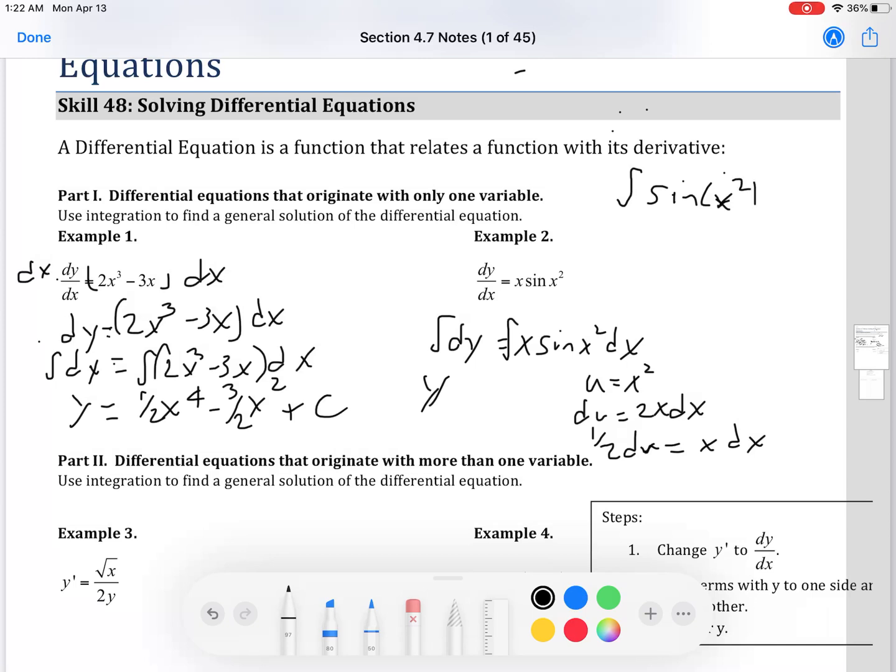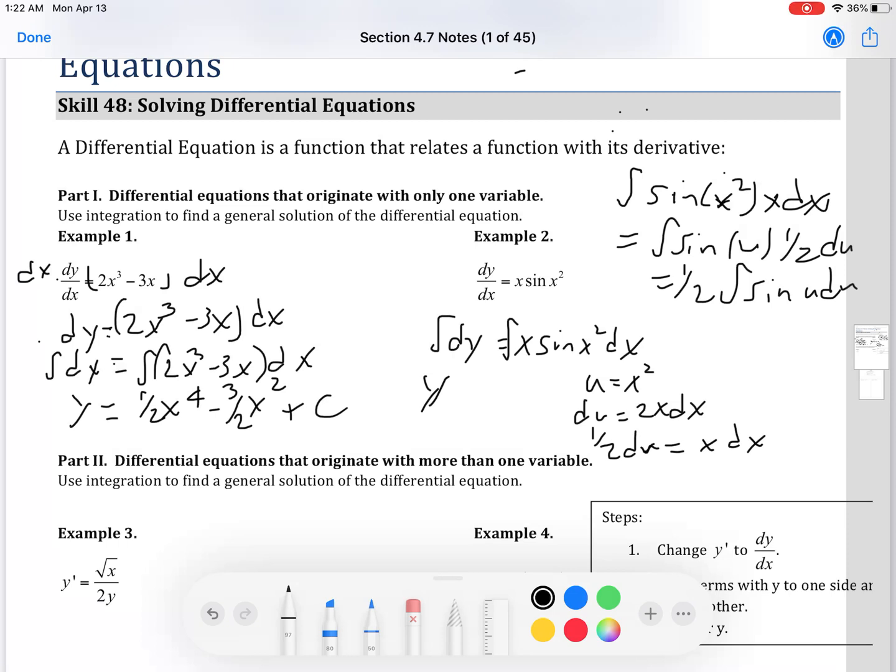And notice I said "of" to emphasize that it's a u substitution. So this is the integral of sine of u times 1/2 du. Put that half on the outside. And then you've got yourself a nice basic trig integral. So the integral of sine of u.